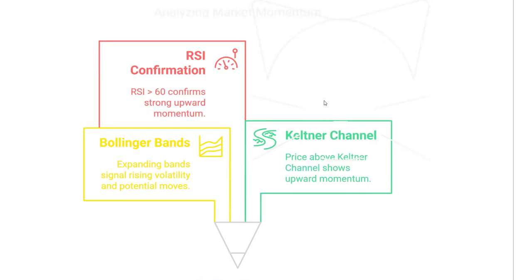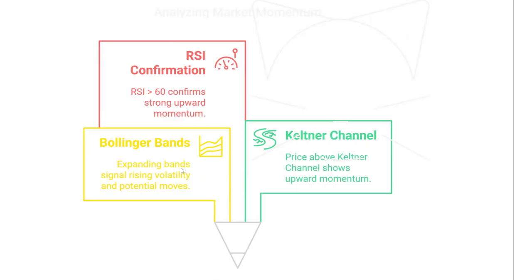Here, the next step is optional. You can take a second opinion, like RSI confirmation. If you are taking an opinion, RSI above 60 confirms strong upward movement. At that time, you will see Bollinger Bands expanding.